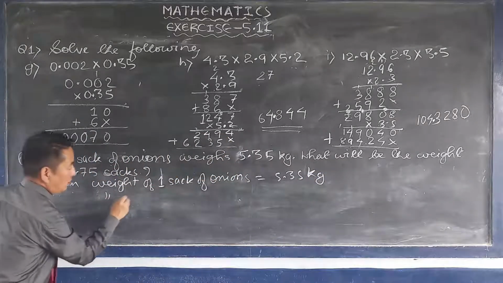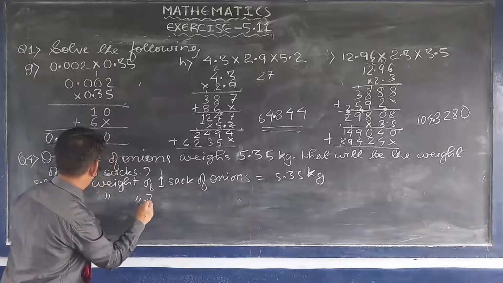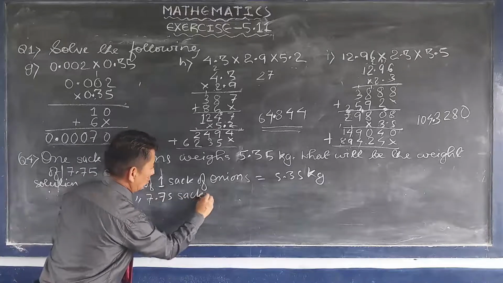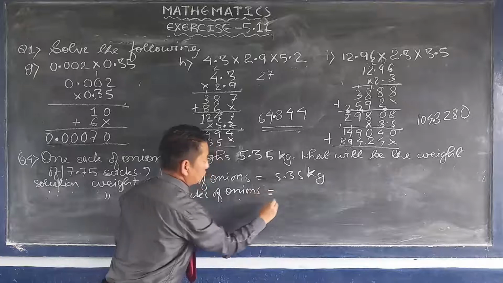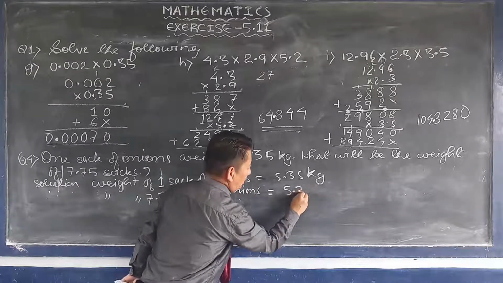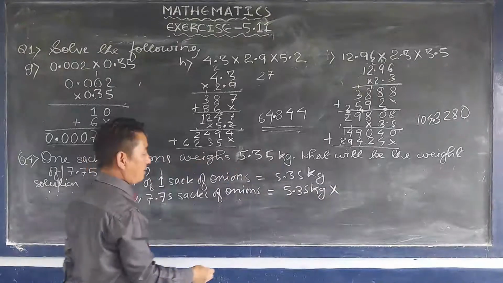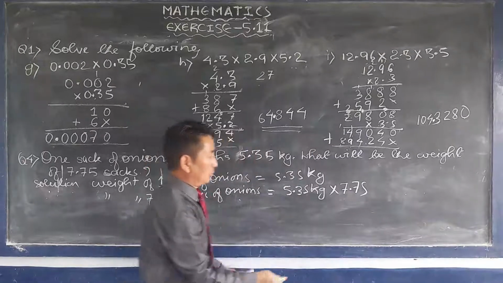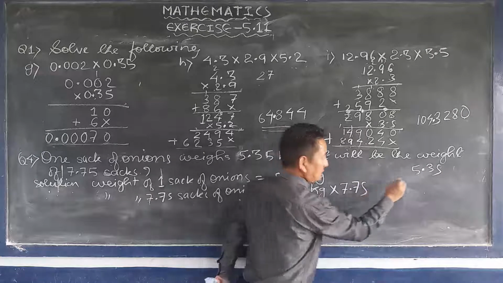Therefore, the weight of 7.75 sacks of onions is equal to 5.35 kg multiplied by 7.75.